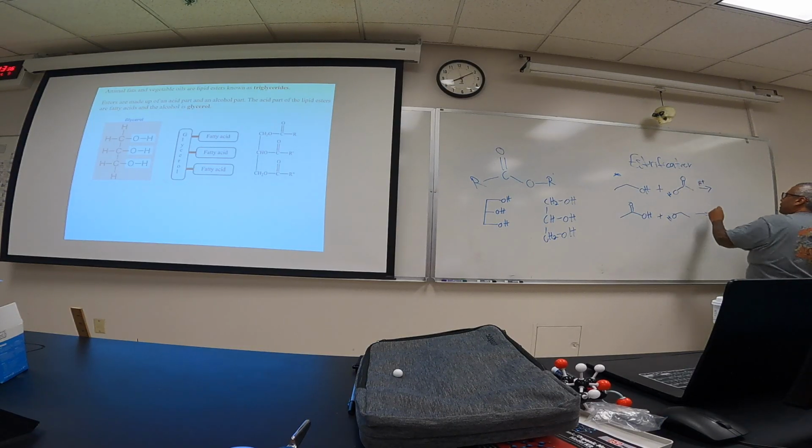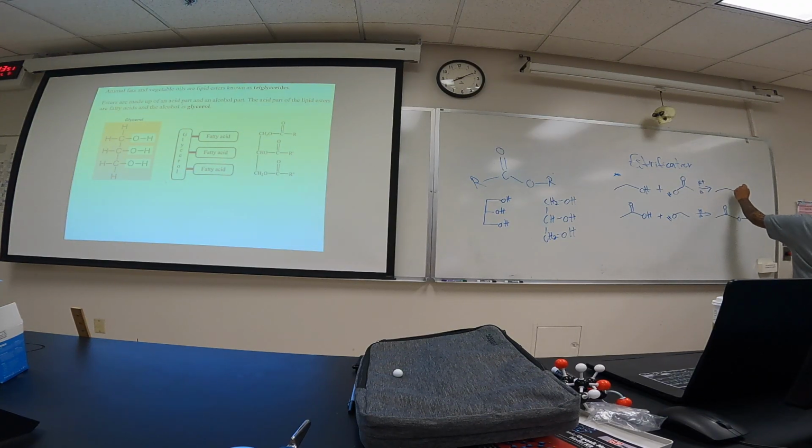We added some acid to that, we're going to add some heat to that, and we're going to get our ester. It's the same product, all I did is just spin it around.